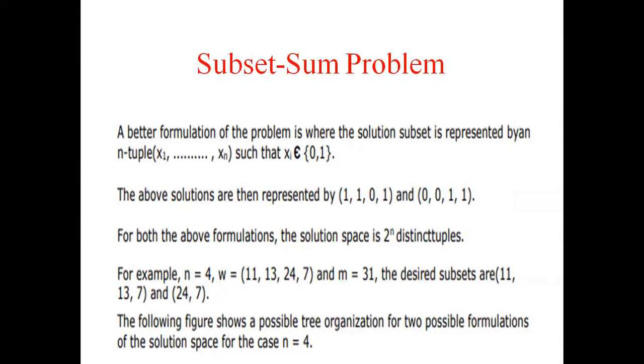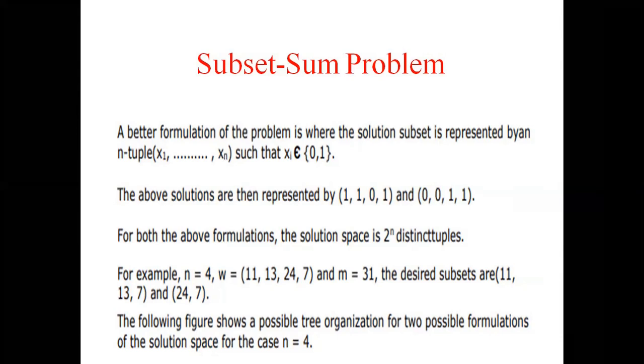Now to get 31, what are the numbers to be added? Suppose we add 11, 13 and 7, what is the value? 11 plus 13 is 24, 24 plus 7 is 31. So m equal to 31. Now the desired subsets are 11, 13, 7. Okay, what about 24 and 7?